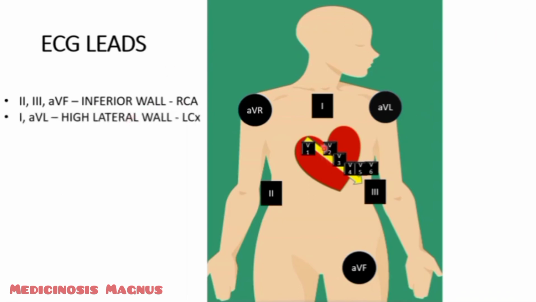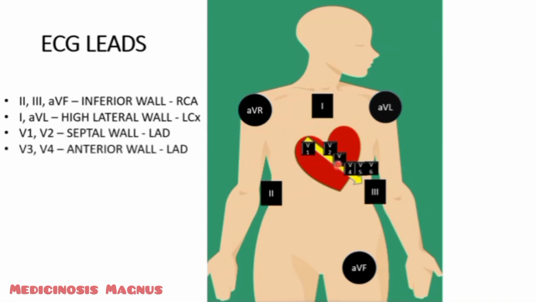Then lead 1 and AVL are at the high lateral wall, which is supplied by the left circumflex artery. V1 and V2 are the septal wall, supplied by the left anterior descending artery. V3 and V4 are at the anterior wall of the heart, left anterior descending artery. V5 and V6 are at the lateral wall, left circumflex artery.